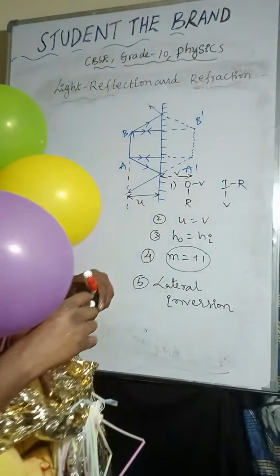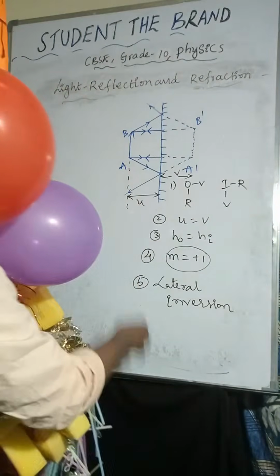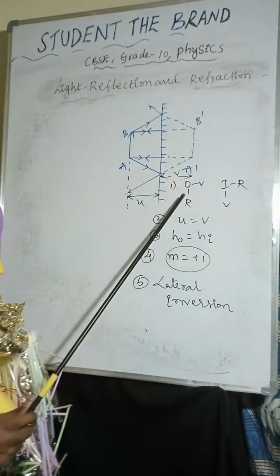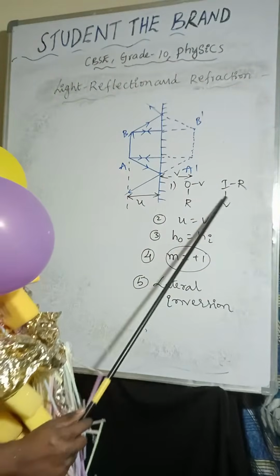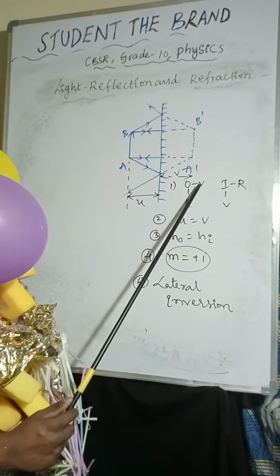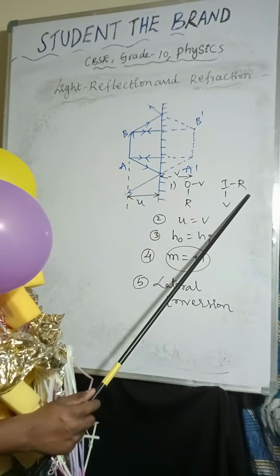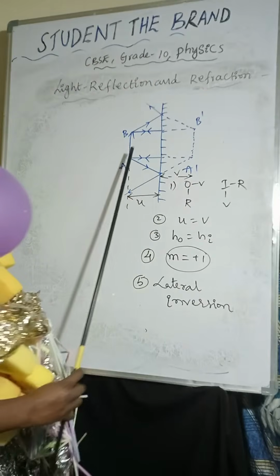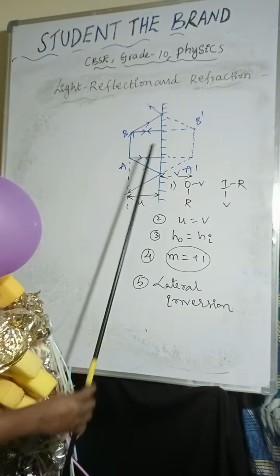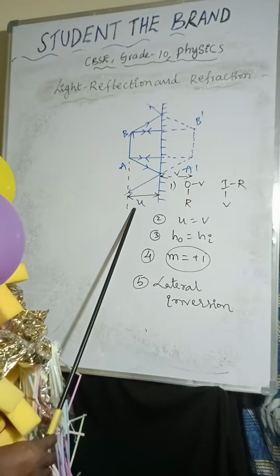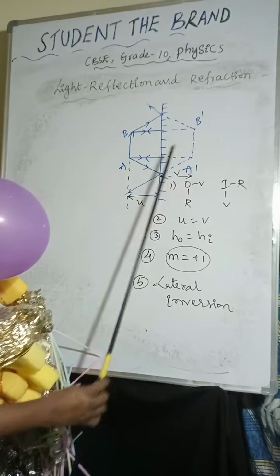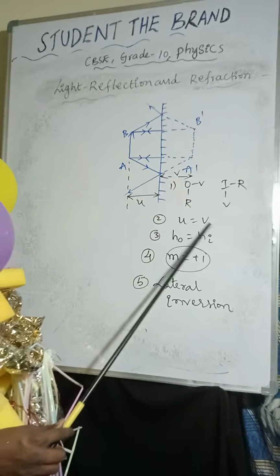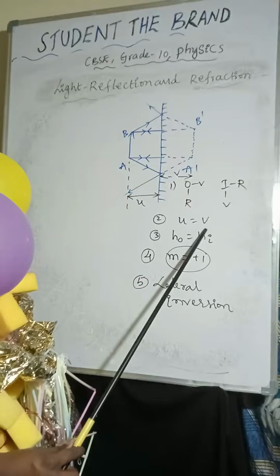So first point you can observe here. Object is real. If object is real, image is virtual. If object is virtual, image is real. Now vice versa in plane mirror. Second point, the distance between object and mirror is object distance. The distance between mirror and image is called image distance. So in plane mirror, object distance is equal to image distance.